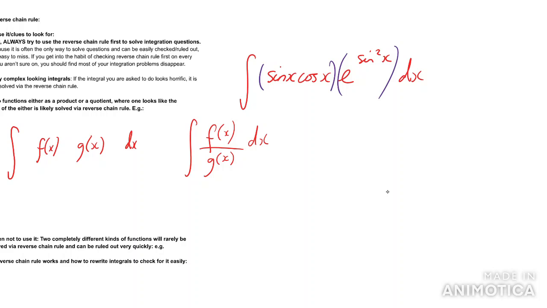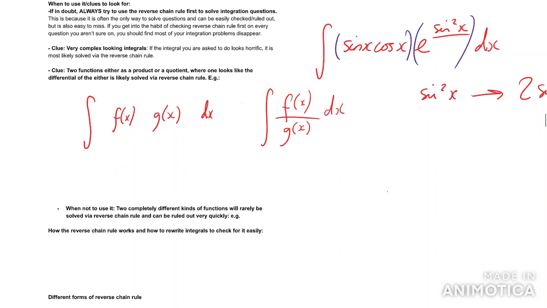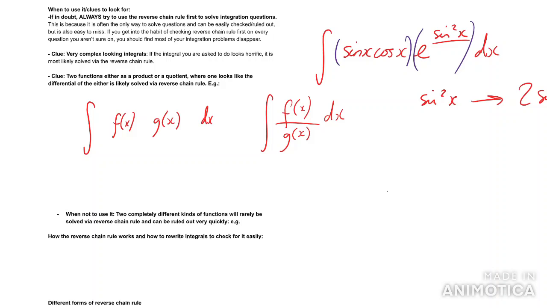Well, sine squared x, if I try differentiating that, goes into 2 sine x cos x. And so that begins to look like it might be a good idea to start using reverse chain rule. So that's the basic idea of when to use it, but it's actually very hard to spot in some questions. So we'll talk about ways of making that easier now.